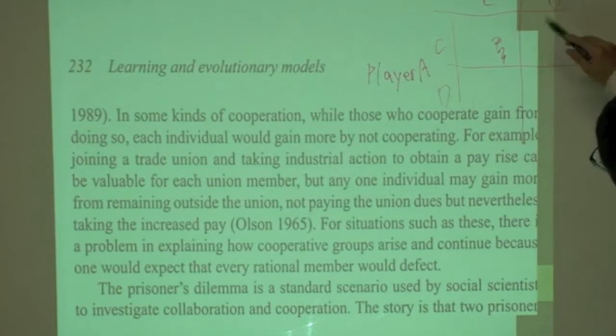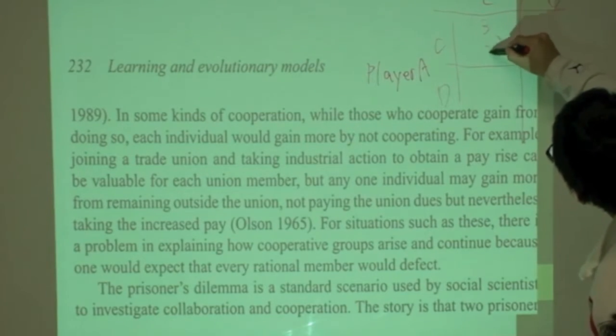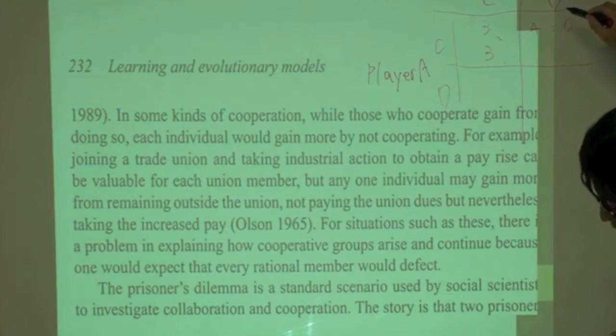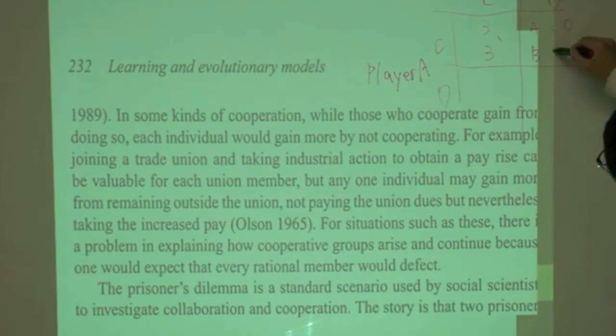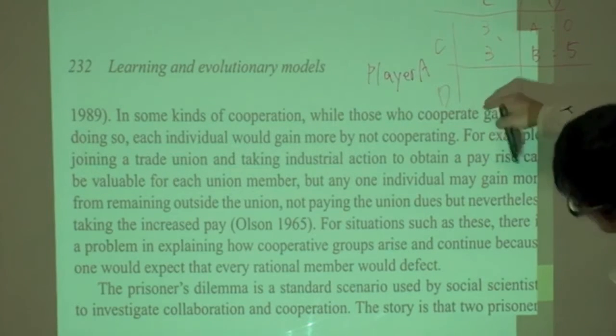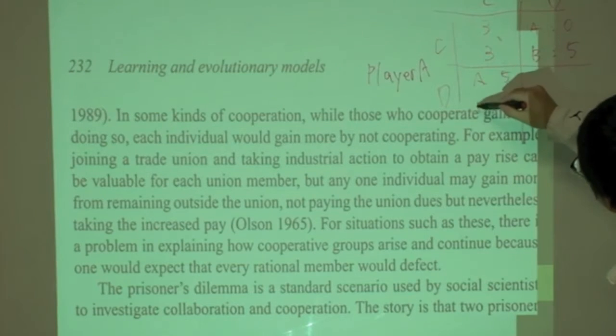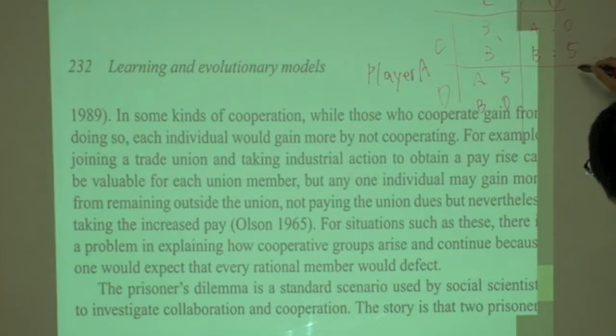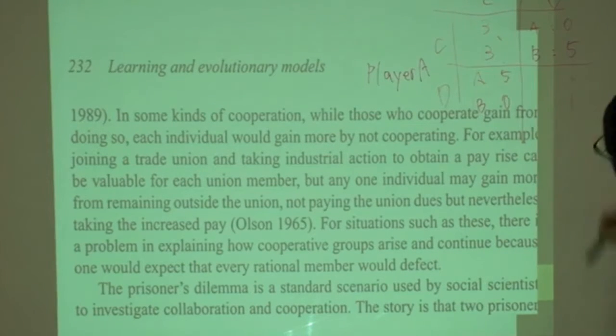If player A cooperates and player B defects, player A receives 0 points and B receives 5 points. In the opposite case, A receives 5 and B receives 0, and 1 each if both players defect.